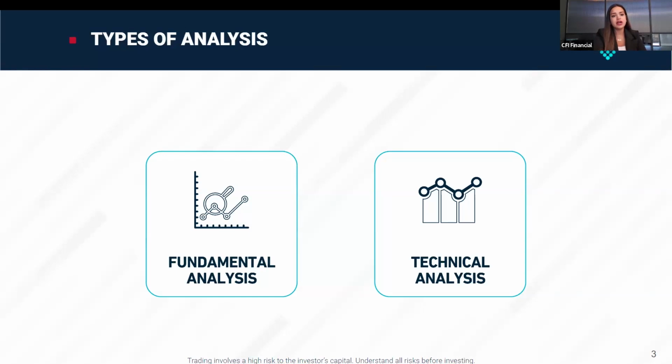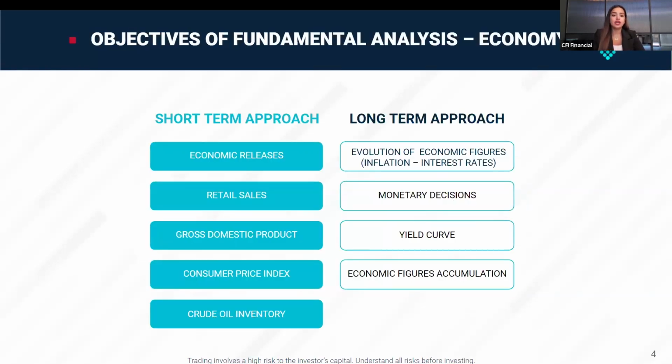So basically, we're going to start by discussing the objectives of fundamental analysis. We have a short-term approach and a long-term approach. The short-term approach, for example, is the releases of the economic indicators, whether retail sales, CPI, crude oil inventories, or GDP.